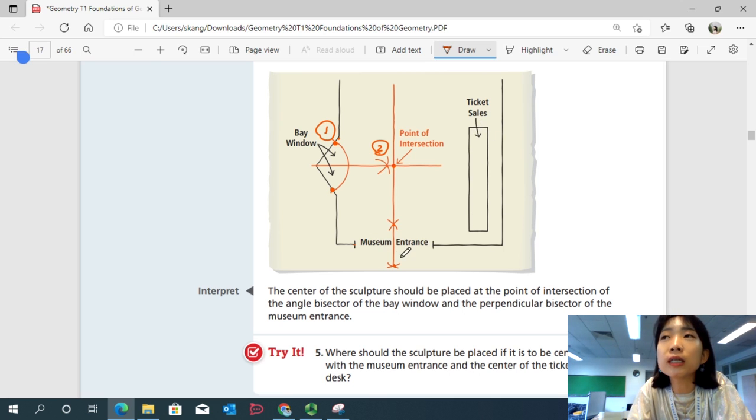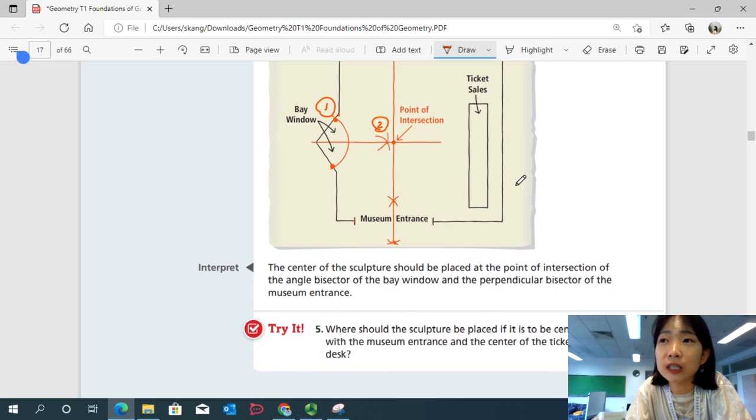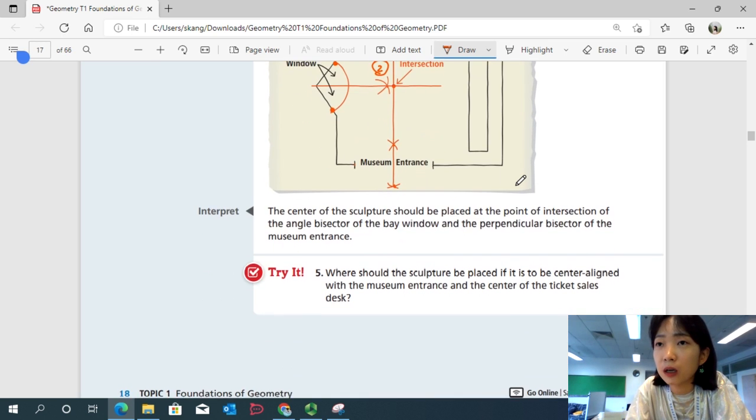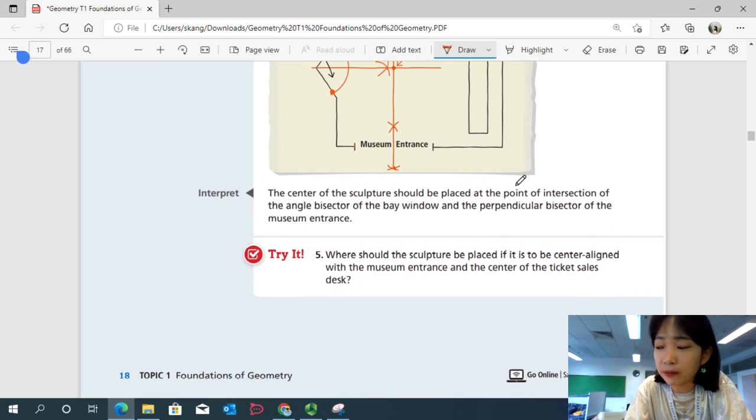So what if we need to center align it with the museum entrance and the center of the ticket sales desk? Then what are you constructing? First, formulate a plan, and then construct, and then figure out the exact location. Pause the video and come back when you're ready for your answer.